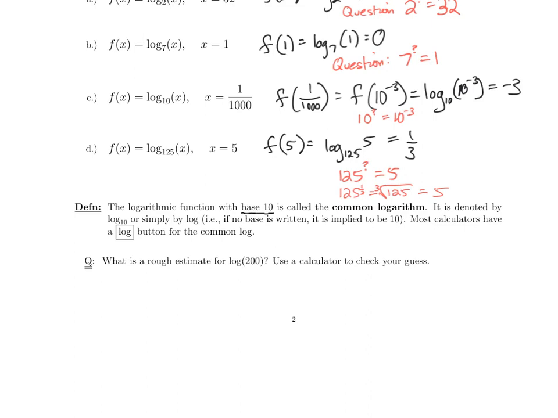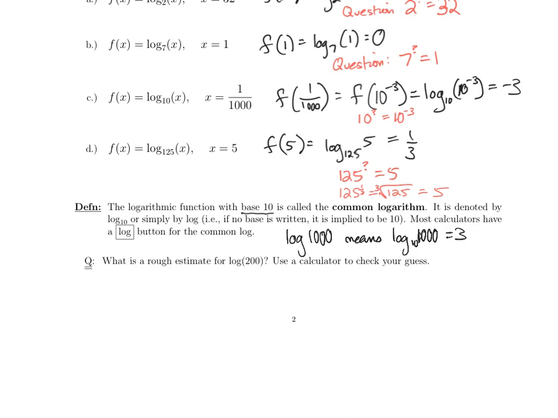It's denoted by log base 10, or if I simply write log with nothing written next to it, like if I write log of 1,000, then that means, here, let me move this up into this space so you can see that I am not answering that question right there. Log of 1,000 means log base 10 of 1,000. So I'd be able to say that log of 1,000 is 3 because 10 to the third is 1,000.